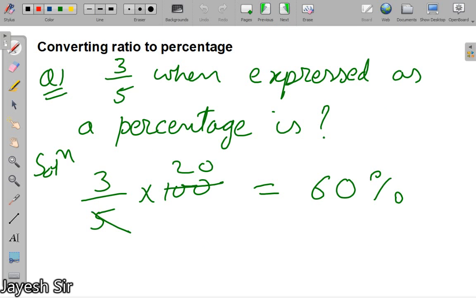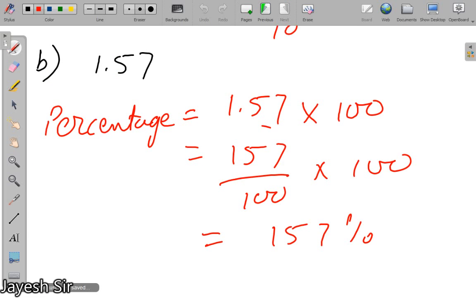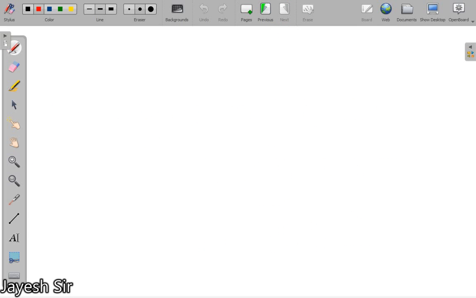Now the next part of the chapter, that is converting percentage into decimal. This is question number 8.